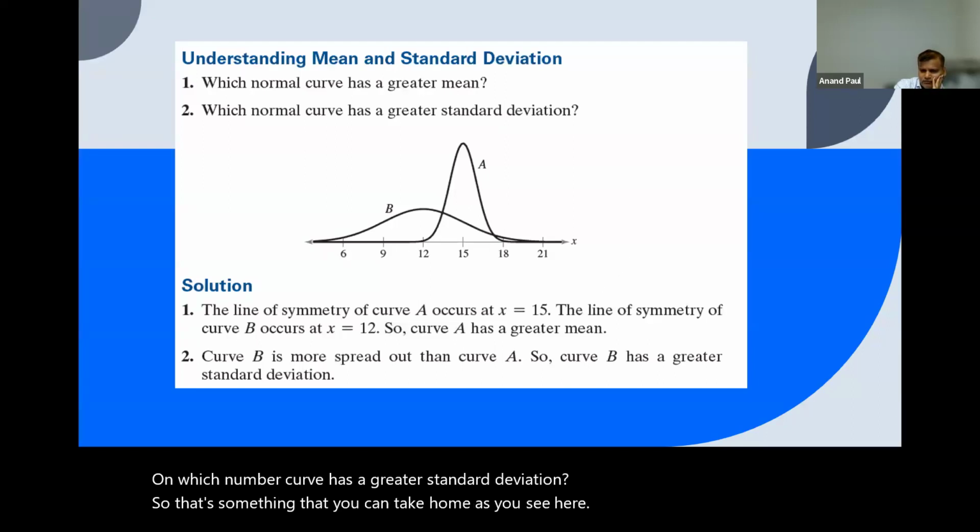As you can see, these are the two curves that you have here.